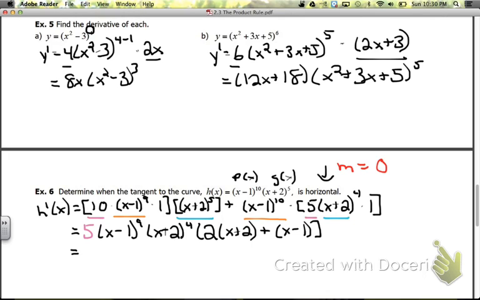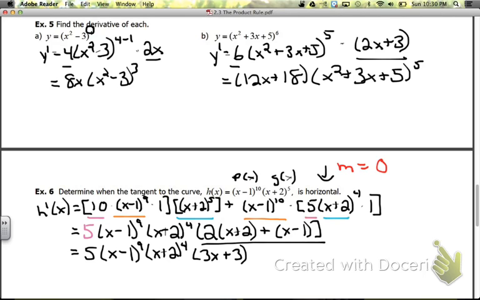I can expand what's in our brackets over here. So I have 5 times (x-1)^9 times (x+2)^4. And when I expand and collect my like terms, I'm going to have a 2x plus x, so a 3x, and a 4 minus 1, so 3x plus 3.